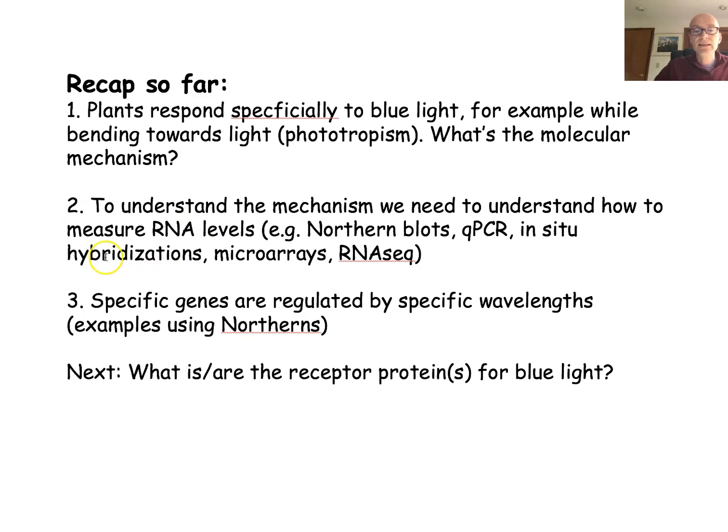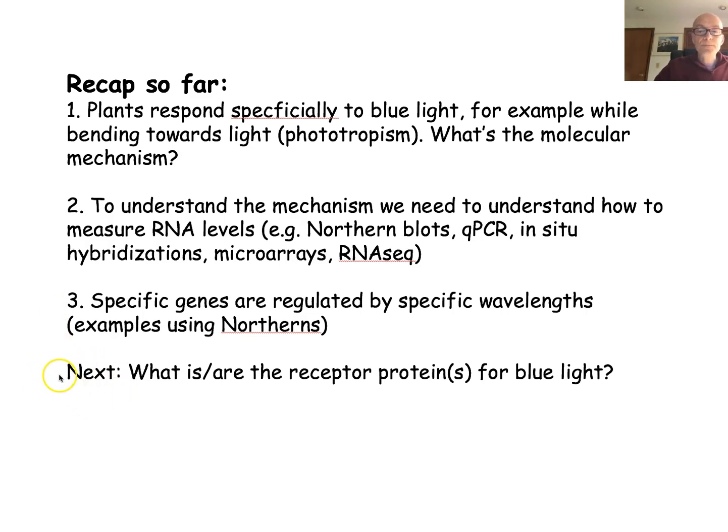So we first need to understand the mechanisms with which RNA is measured, and I explained to you the northern blots. We talked about qPCR briefly, in situ hybridizations, microarrays, and RNA-seq. And then I said there are specific genes that are upregulated by specific wavelengths, and we used the northern blot as an example to see how these genes are regulated.